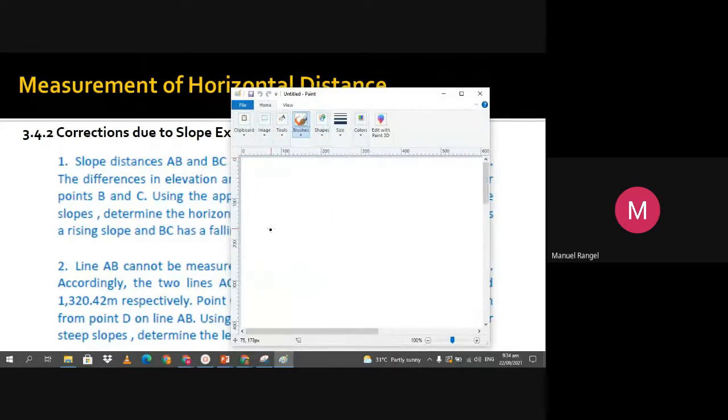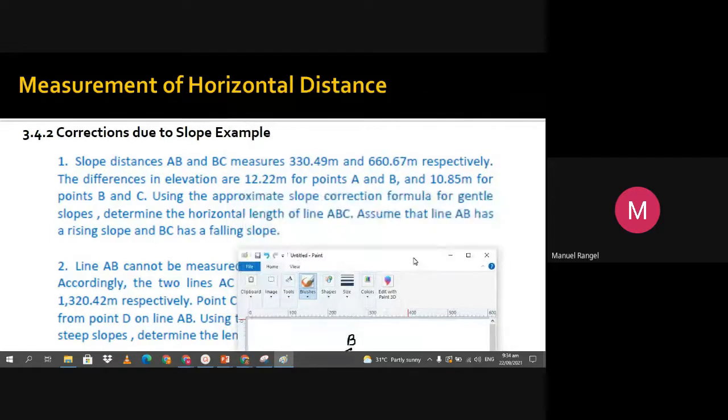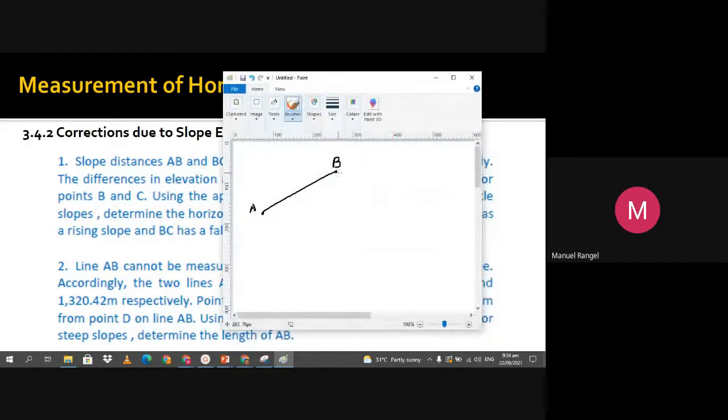So for example, the point A has a rising slope from point A to point B. A gentle slope is less than 20 degrees. Then B to C is a falling slope.